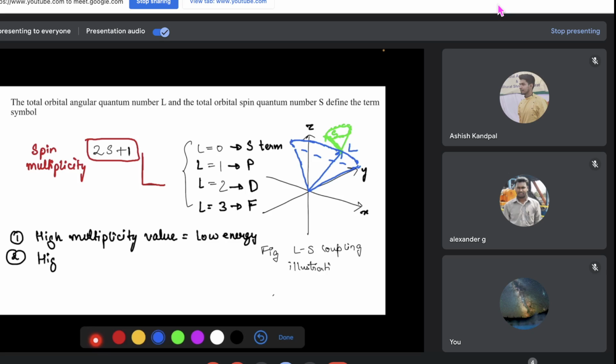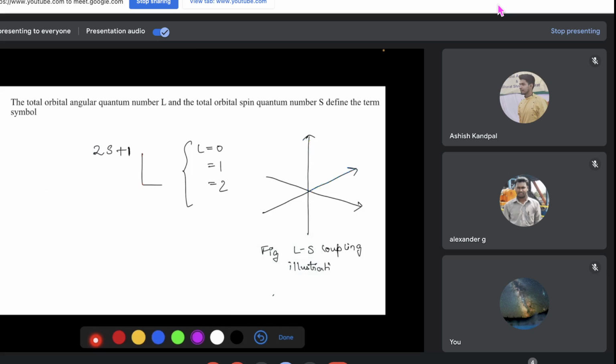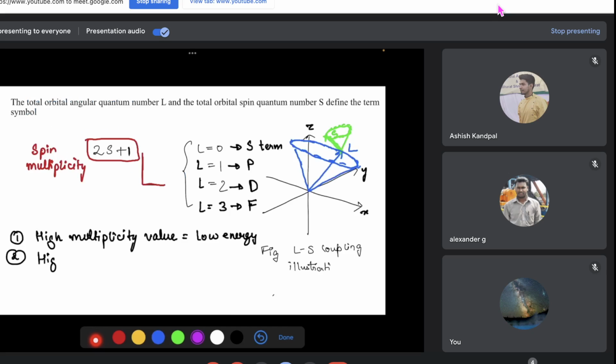when I'm talking about the coupling between these L and S, that is the orbital and spin, I will get another vector which is capital J. So J is something like this. So J will be L plus S, correct?